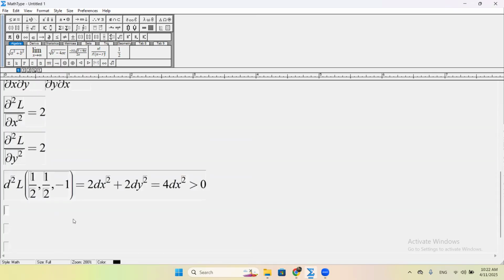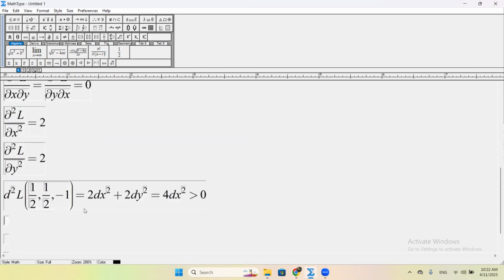So it means that we have a minimum point.